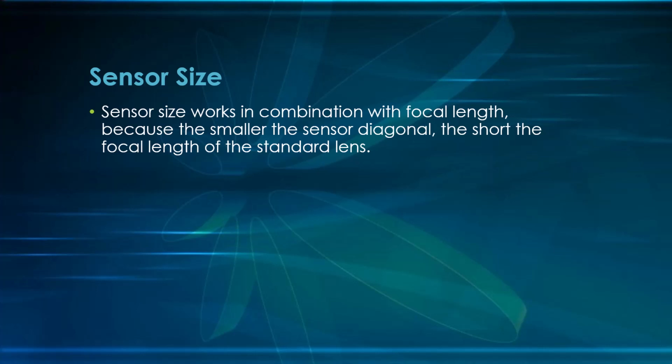A full frame lens is 1.5 times what an APS lens would be. So if an APS lens is 30 millimeters, like our example, you would multiply it times 1.5 and you would get 45 millimeters, and that would be the equivalent focal length in a full frame camera.